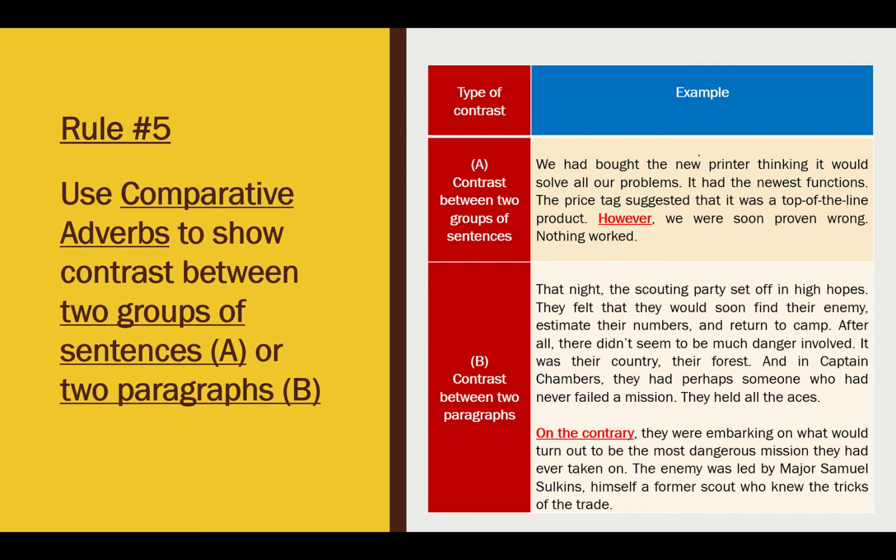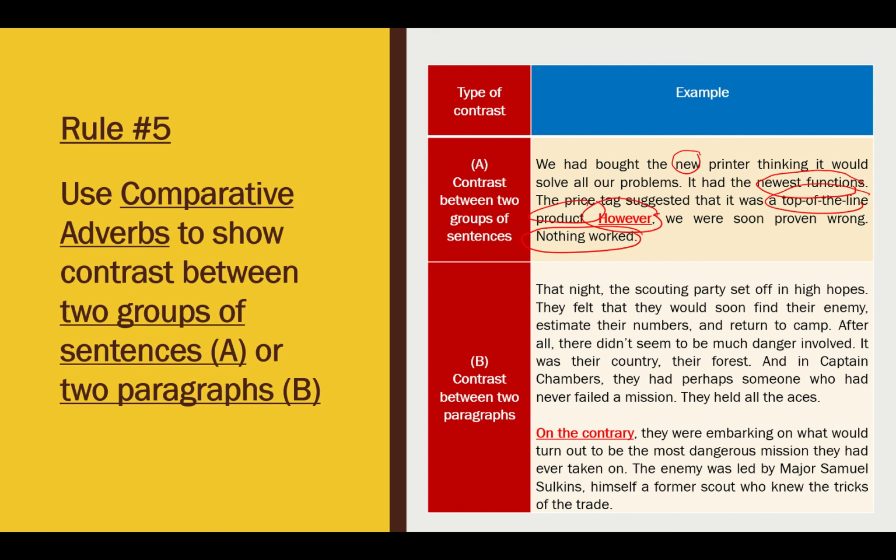So we have words like new, newest function, top-of-the-line product. These are all positive descriptions of the printer, but unfortunately we use the comparative adverb however to show that nothing worked. So this is contrast between two groups of sentences.